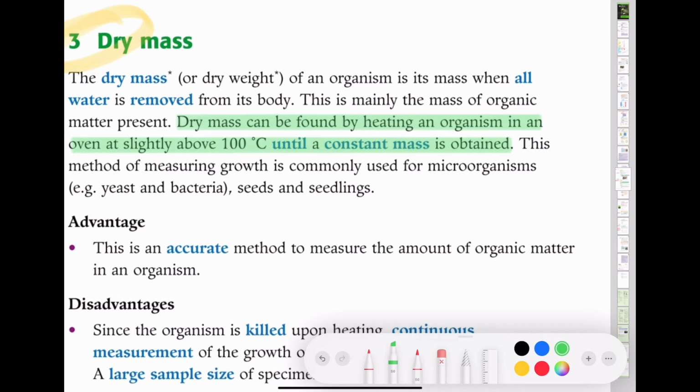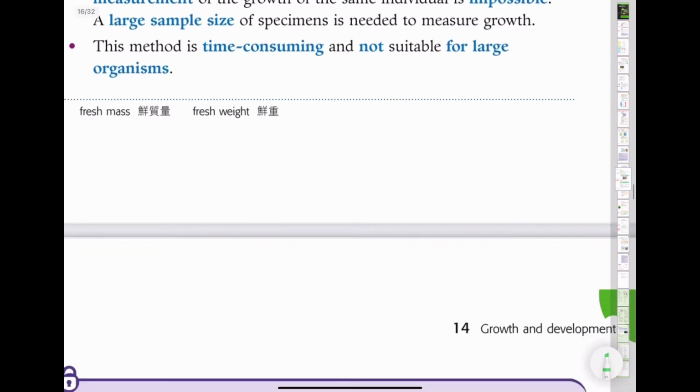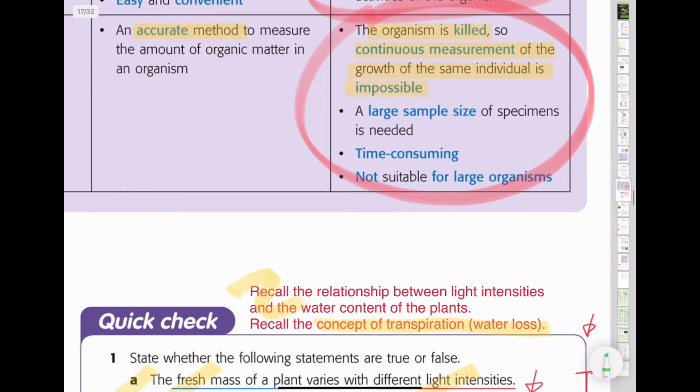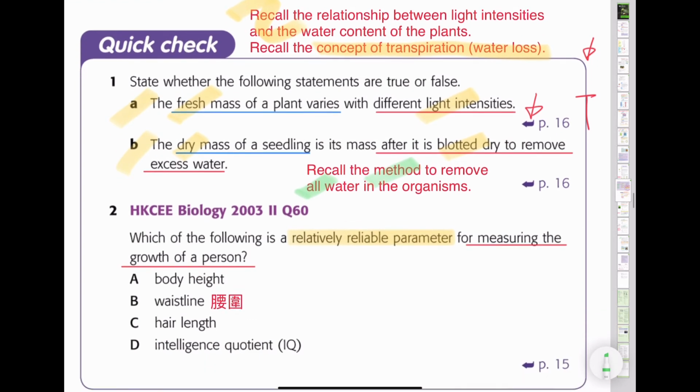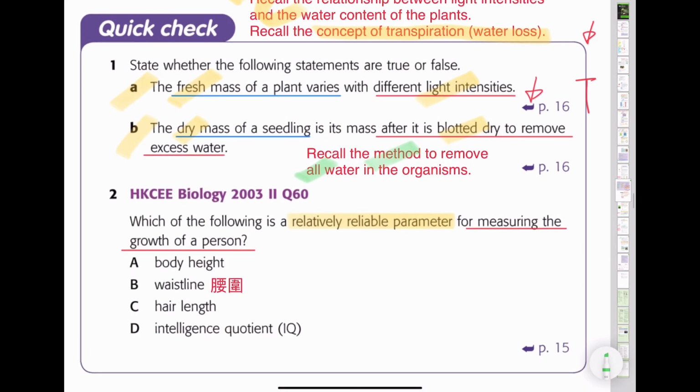So the correct method is to heat it up, dry it until a constant mass is obtained. We do not use tissue paper to blot dry the excess water on the seedling and then get the dry mass. No, not this case. And then question 2 is talking about which one should be the relatively reliable parameter to measure the growth of a person.